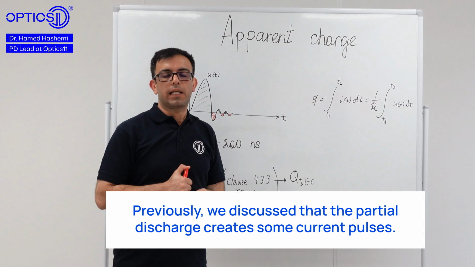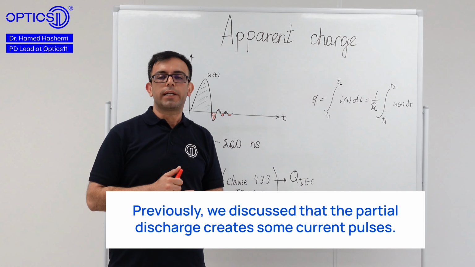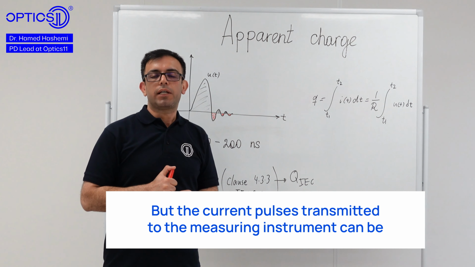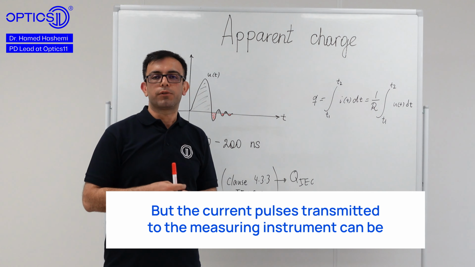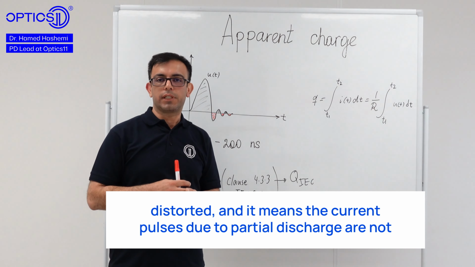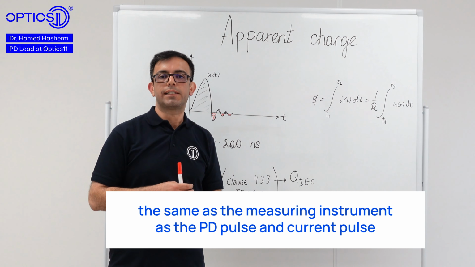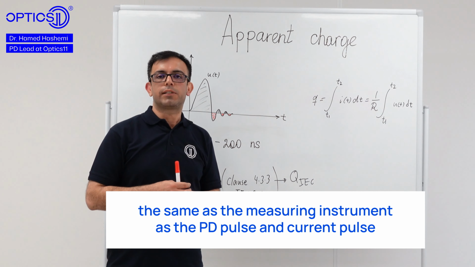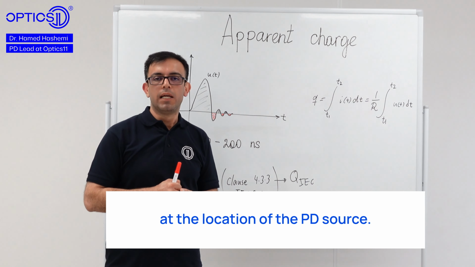Previously, we discussed that partial discharge creates some current pulses, but the current pulses transmitted to the measuring instrument can be distorted. It means the current pulse due to partial discharge at the measuring instrument is not the same as the current pulse at the location of the PD source.